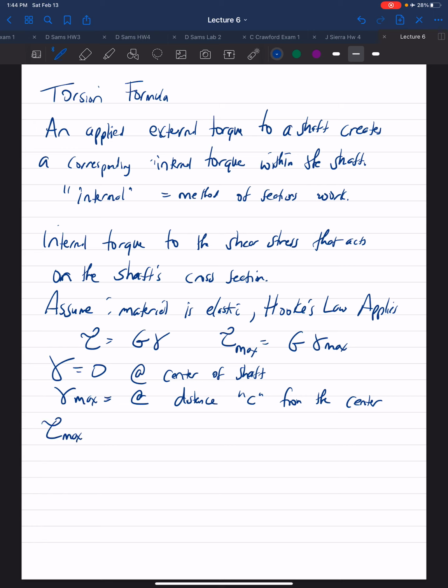Our shear stress is a maximum at the distance C from the center, and it's 0 at the center of the shaft.